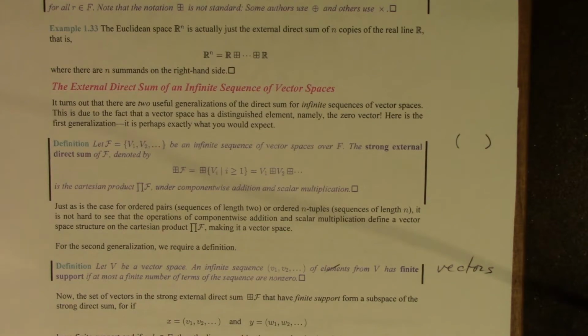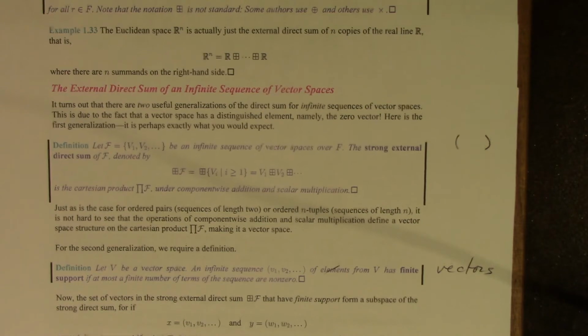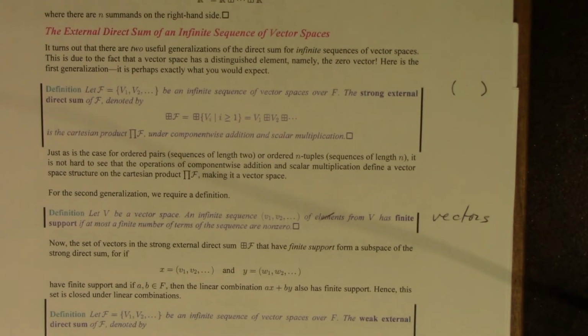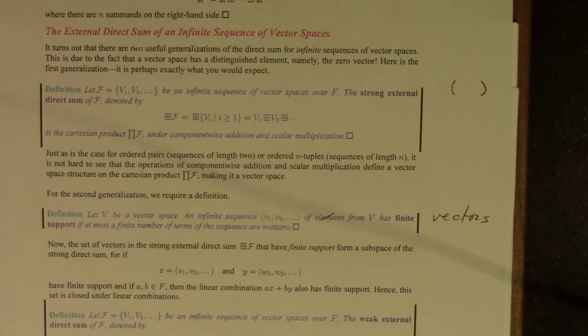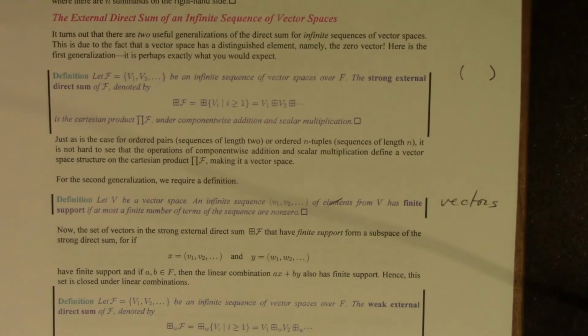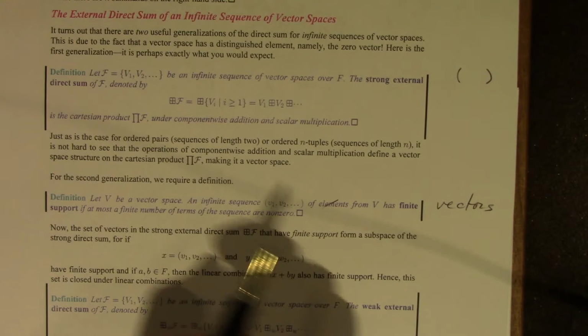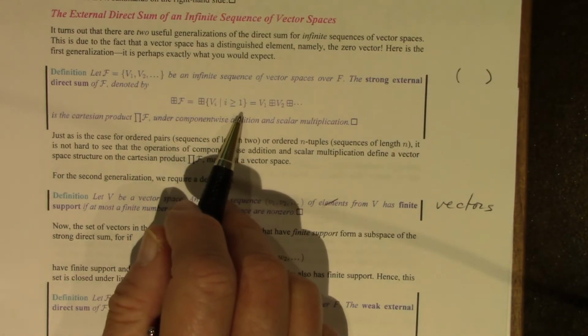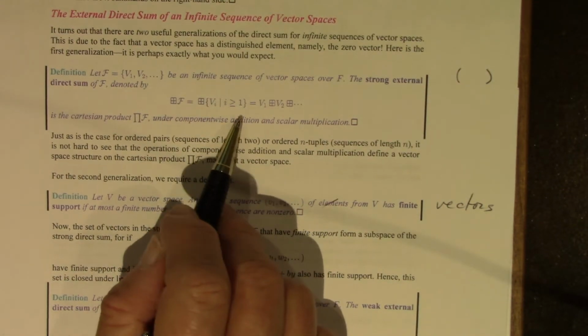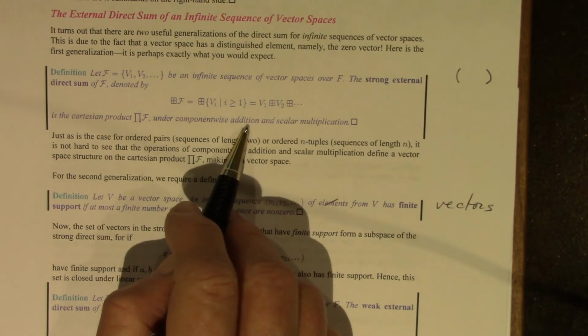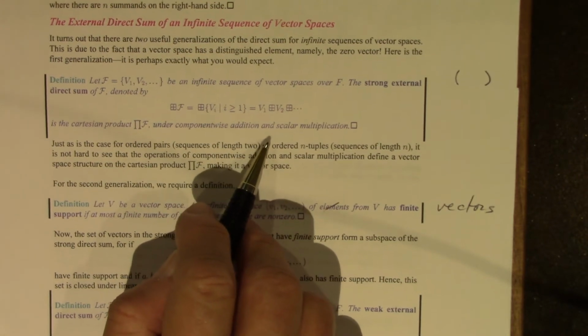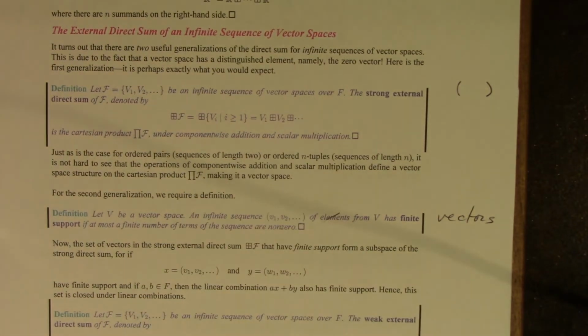We still do it coordinate-wise or term-wise if you prefer. And scalar multiplication is similar. Again, it is not difficult to see that this is a vector space. In both cases here, what you're really doing is multitasking. It's as though you are performing the operations in each vector space at the same time. So associativity is fairly evident and so on.